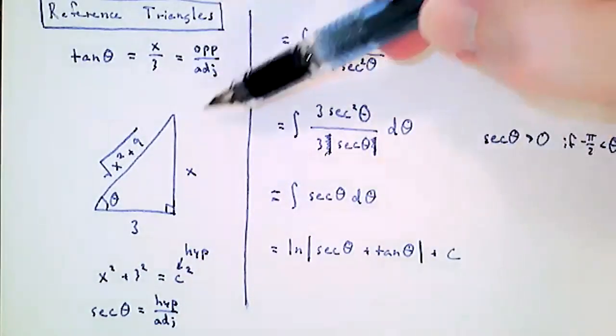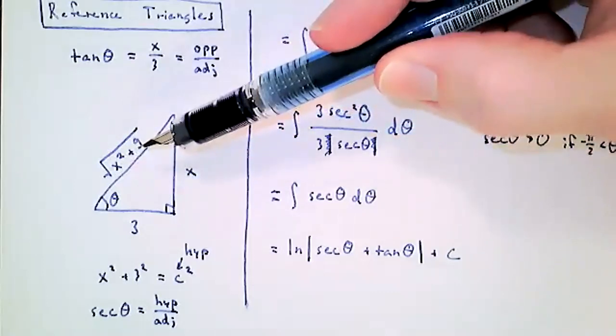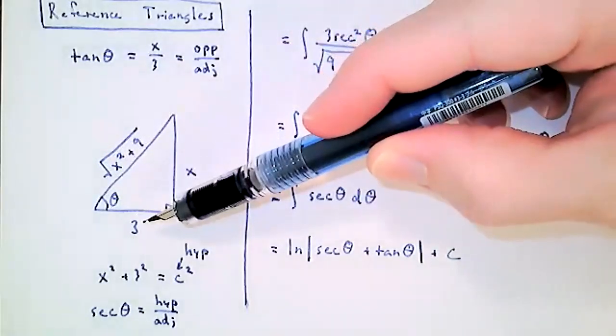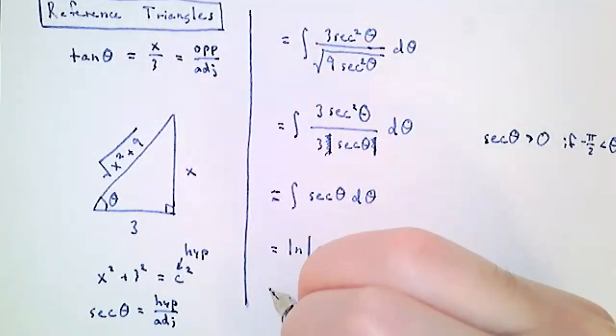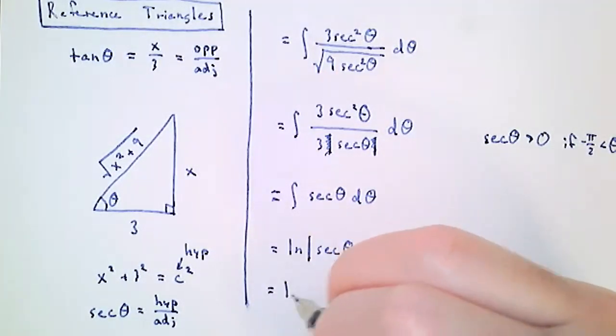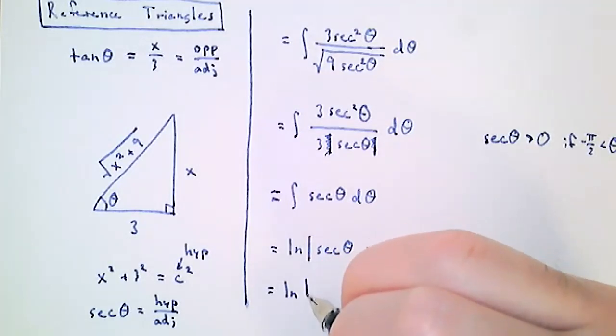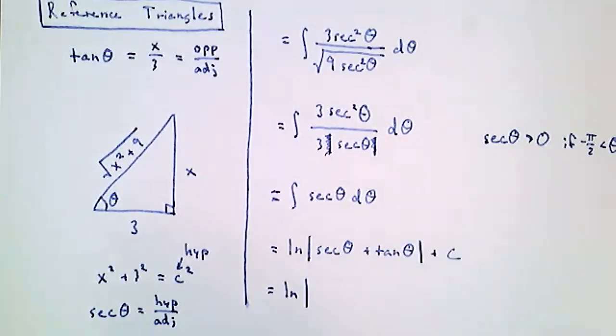So we're going to look at the hypotenuse, the square root of x squared plus 9, over the adjacent side 3 when we take secant of theta. And this will let us get our final answer.